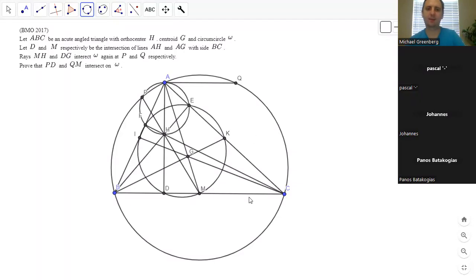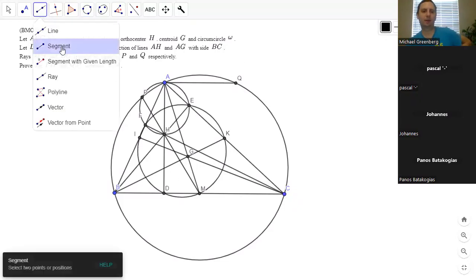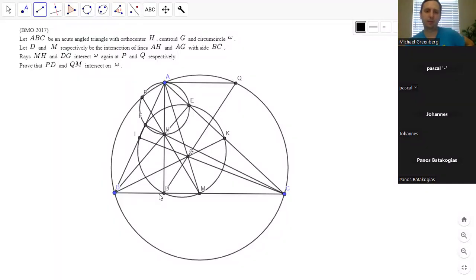I think it's just the homothety at G with ratio -2. Exactly. So AG is twice GM, and it's also obvious that AQ is twice DM, because if you drop a perpendicular from Q, by symmetry M would be the midpoint, right? So these triangles have to be similar, AGQ and GMD, and so those have to be collinear, right? So that explains that.